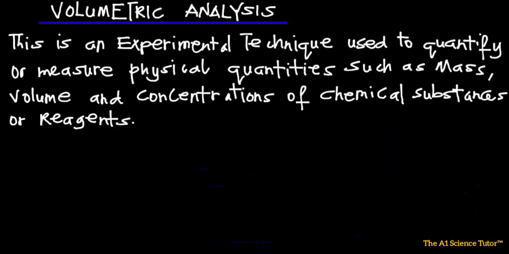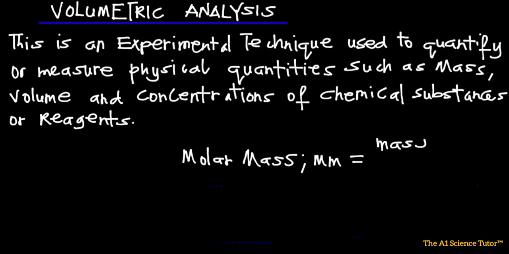You could also have a situation where you need to express the molar mass in terms of mass concentration divided by molar concentration. This is another formula you need to know. Of course, we're coming to calculations under volumetric analysis. Right now I'm just brushing through your brain with some of these nuggets. So molar mass is equal to mass concentration divided by molar concentration.